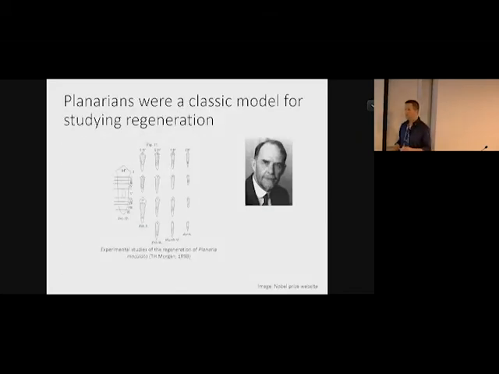And probably one of the best-known scientists to make modern research something that is a possibility in planarians is Thomas Hunt Morgan, one of the most prominent heroes of modern genetics.